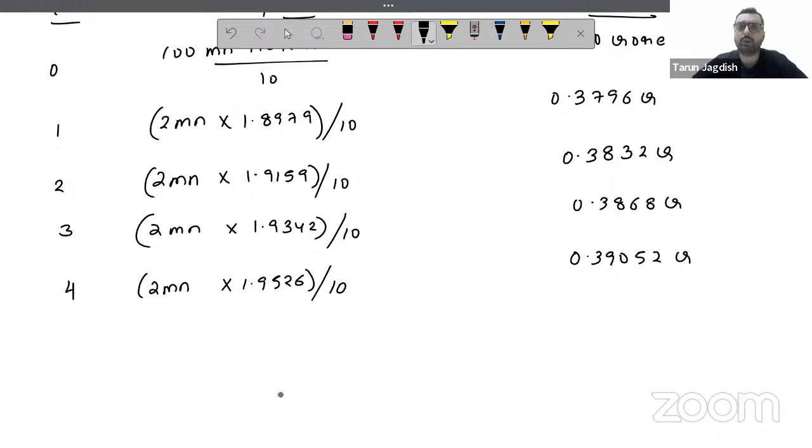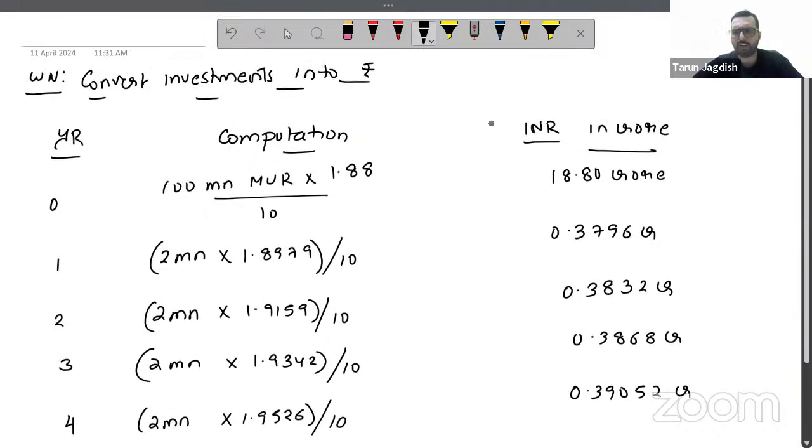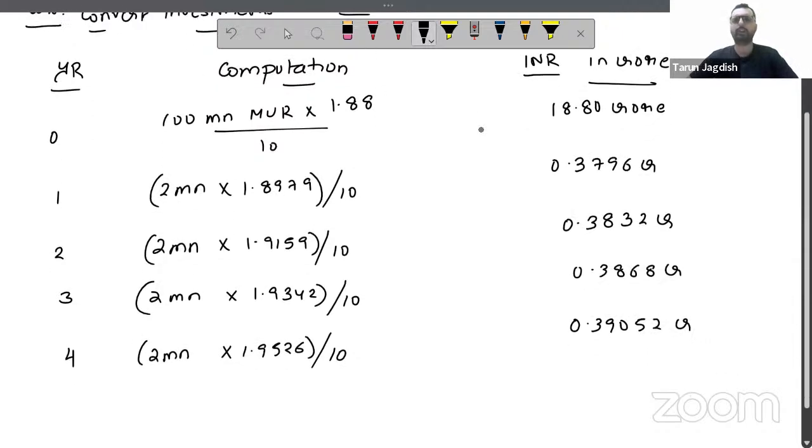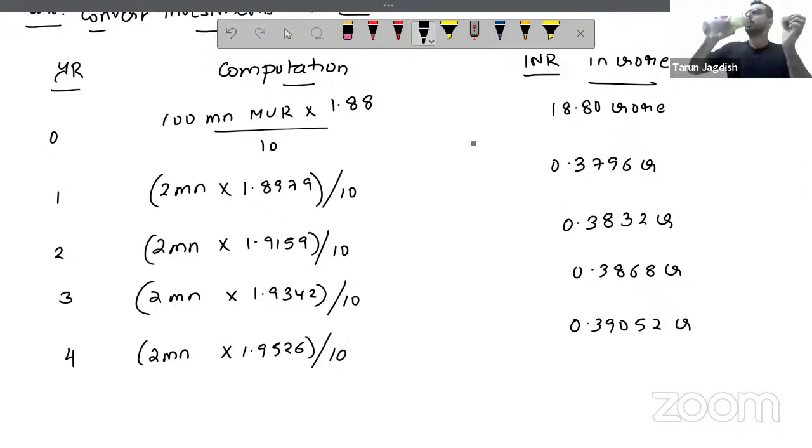Why 10? It is just to convert into crores. 10 million is 1 crore. Indian rupee they have given in crore. That is the only reason, no other reason. Okay. Can you please put this in your books? Sir, MUR is a stronger currency here.